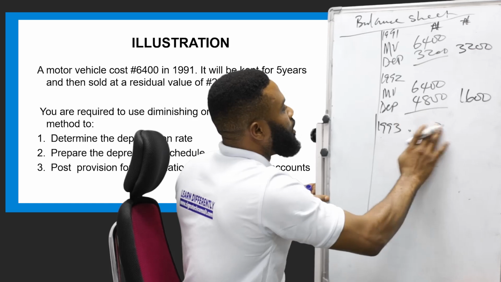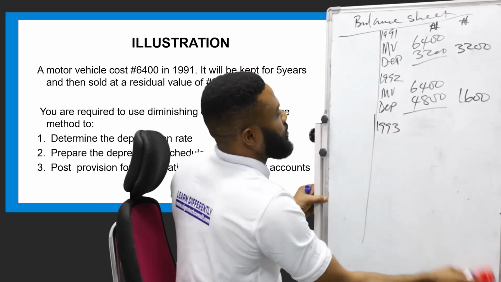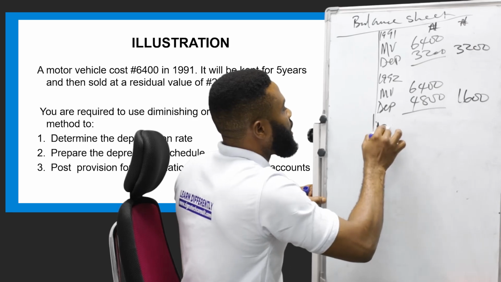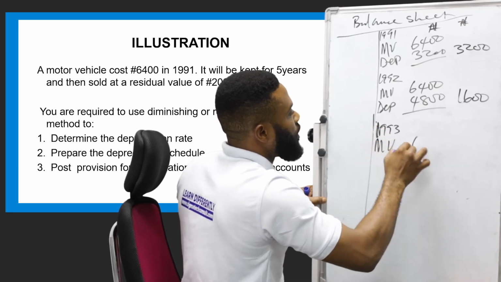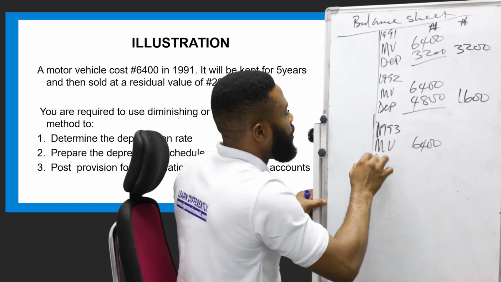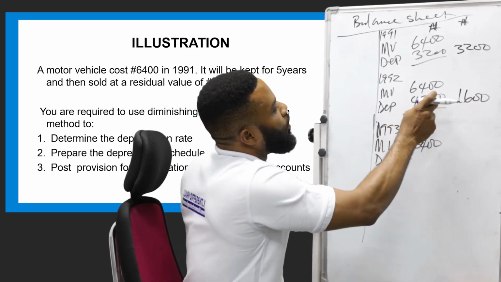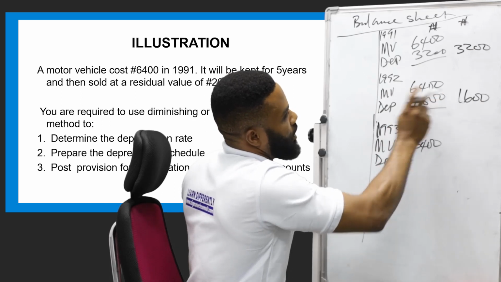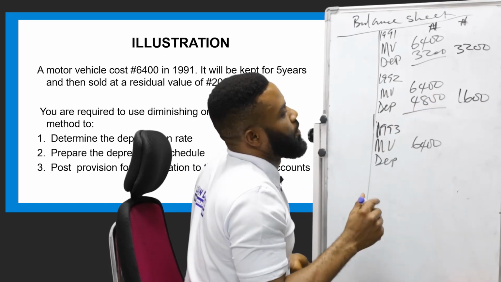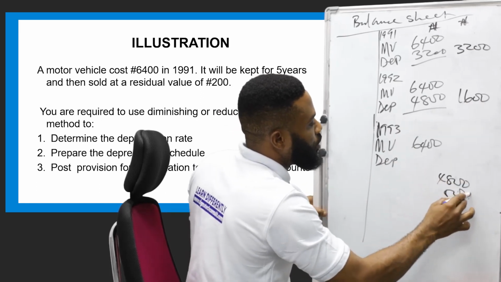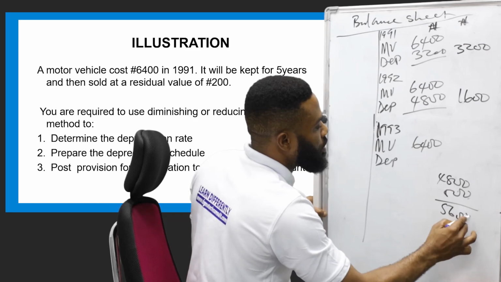You have the motor vehicle 6,400. Your depreciation at this point is 4,800 plus 800. It will give you 5,600.